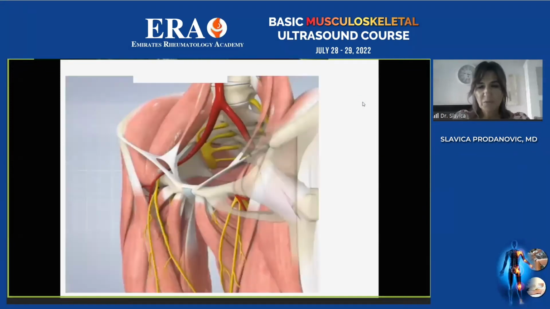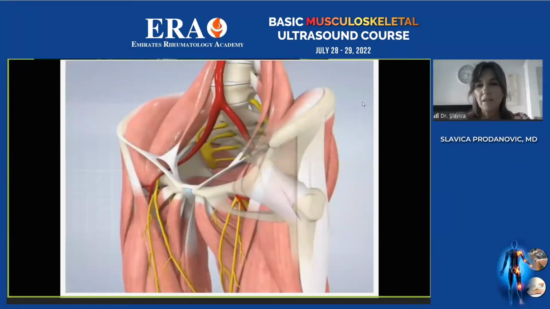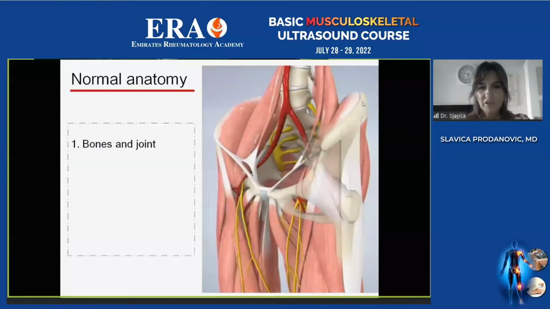First, anatomy. As you know very well, the hip joint is a big synovial joint with relatively complex anatomy, but I'll try to stress the main anatomical structures step by step in order to clarify the anatomy.